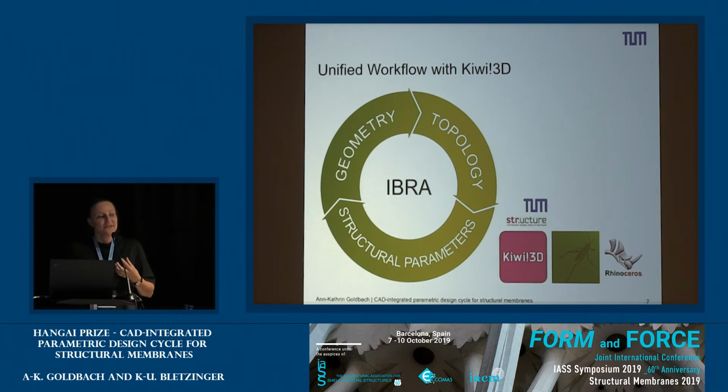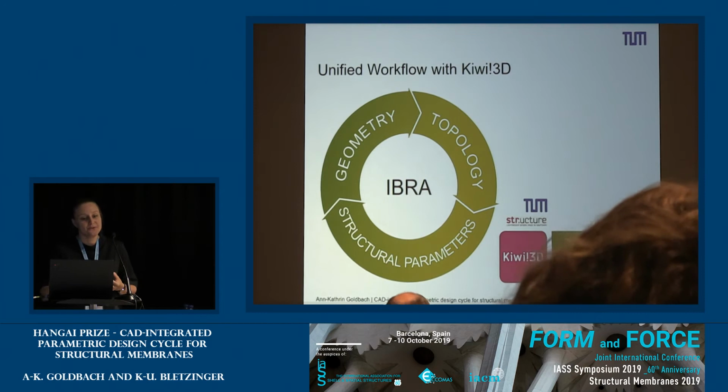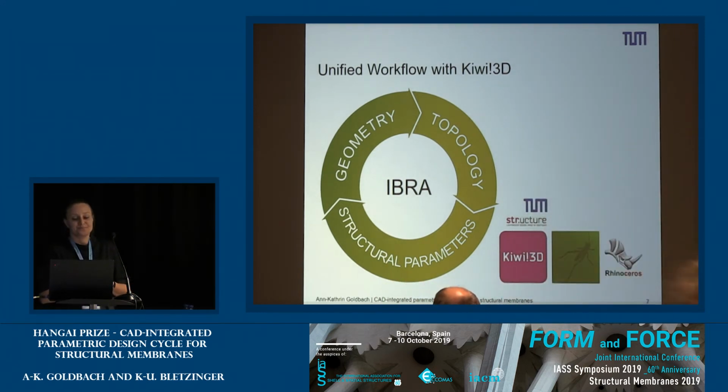And the idea of this unified workflow of having a CAD geometry, enhancing that with mechanical properties, also including the topology, and having all that on one CAD model was really realized in this Kiwi 3D tool. And I would like to show you in the following slides how the workflow really looks for membranes.